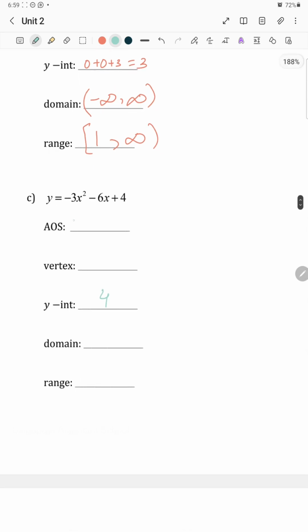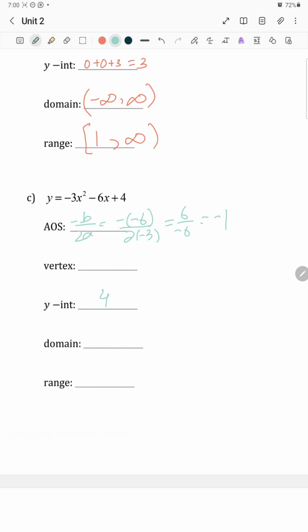Okay, the axis of symmetry is equal to minus b over 2a, minus b over 2a, plus 6 over -6, again -1.